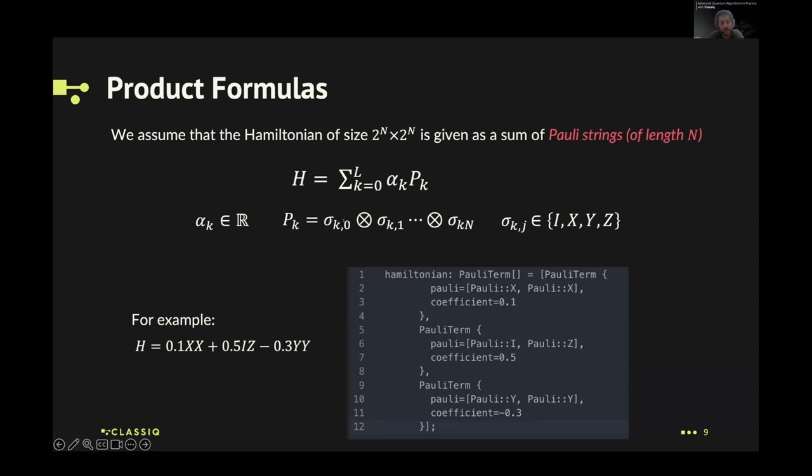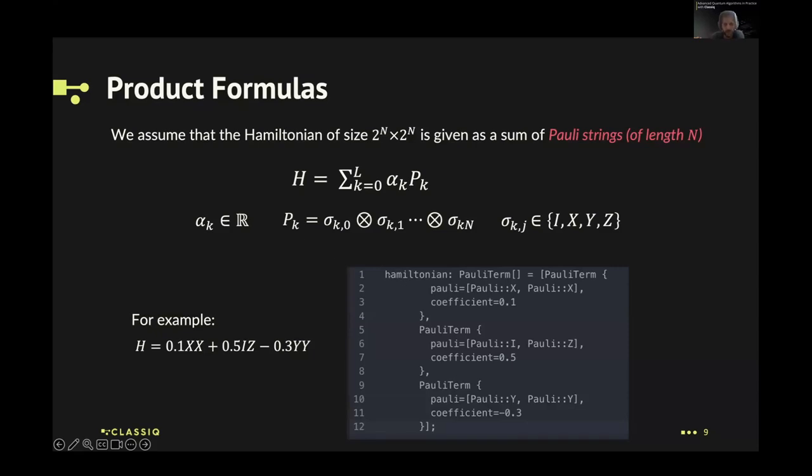It is a tensor product of n Pauli matrices, the 2 by 2 matrices. It can be the identity, the X matrix, the Pauli Y matrix, or the Pauli Z matrix. So the Hamiltonian can be written as a weighted sum of these terms, where the alphas are just real coefficients.